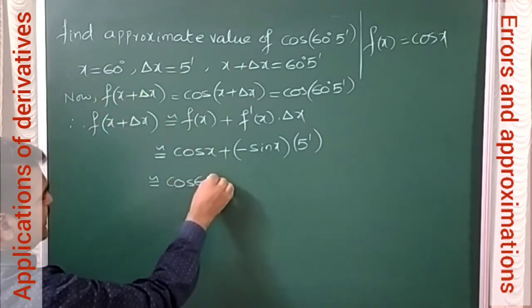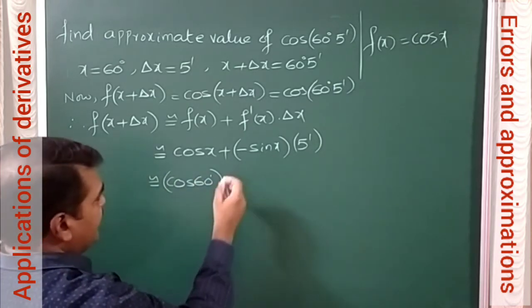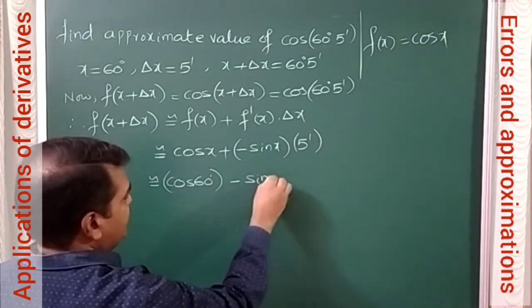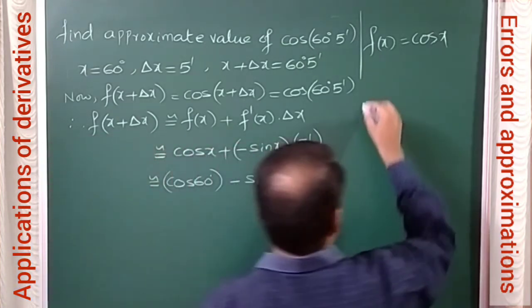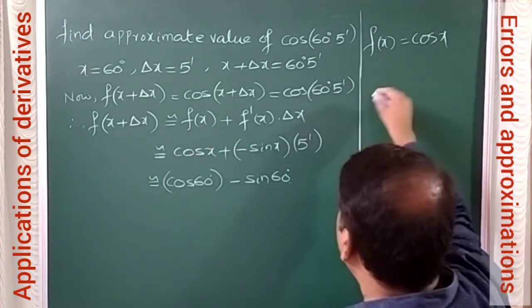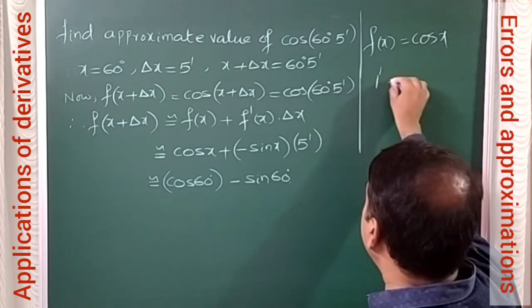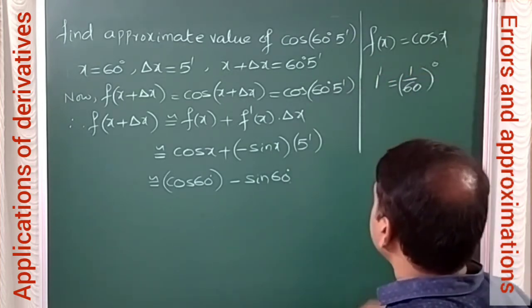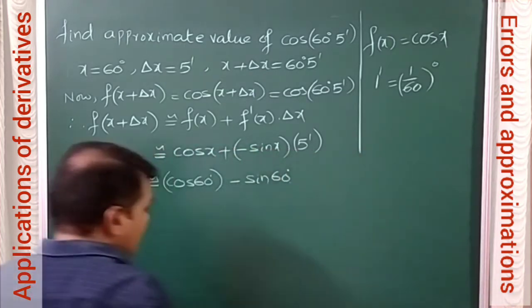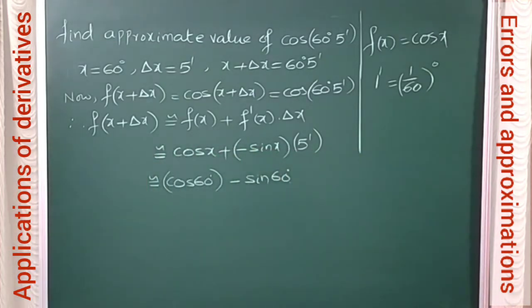So cos 60 degrees minus sin 60 degrees, 5 minutes. So this 5 minutes I will convert into degrees. We know that 1 minute is 1 by 60 of a degree. 1 minute is 1 by 60 part of a degree.